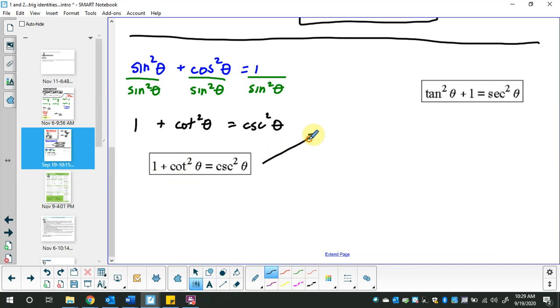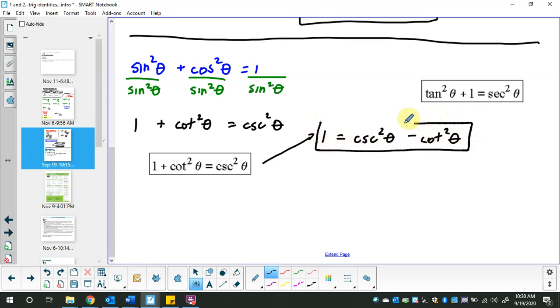And then all I do to make the other two is what I did with the Pythagorean identities up above, and that is do a little algebra. So I'm going to leave the 1 behind, cosecant squared theta, and bring the cotangent over. And there's number 4 and 5.